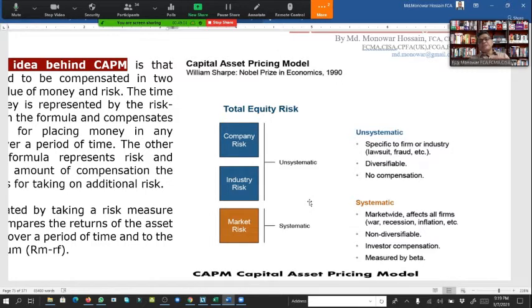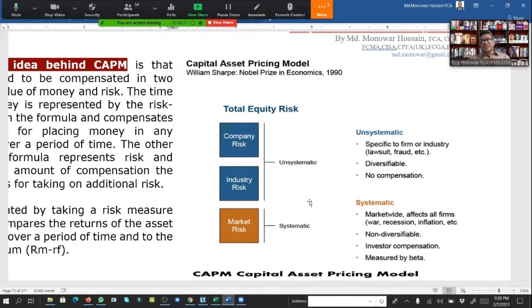So unsystematic risks are specific to a firm or industry, and they can be diversified. That means they can be shifted. They have no compensation. But systematic risks are market-wide and affect all firms, for example recession, COVID at this moment, inflation, etc. Non-diversifiable. We cannot shift it.